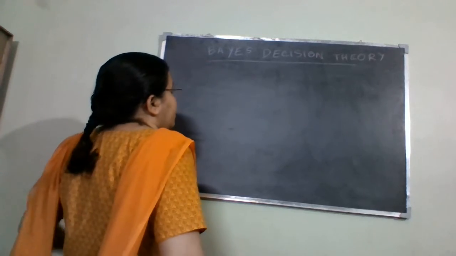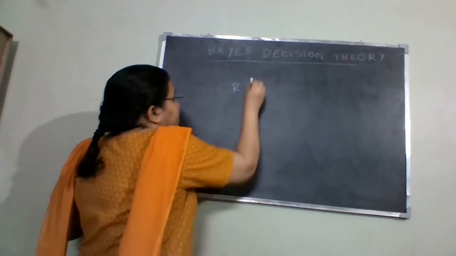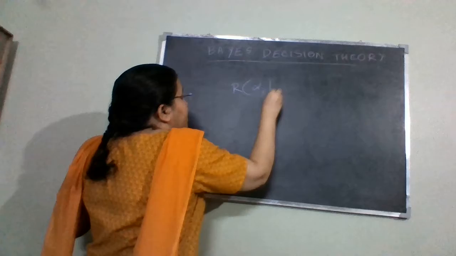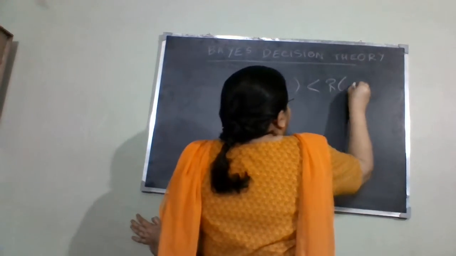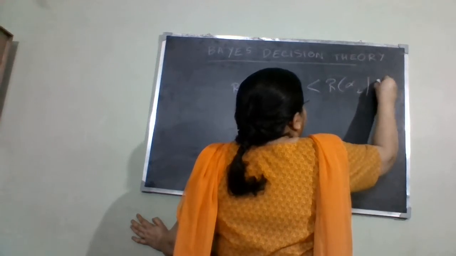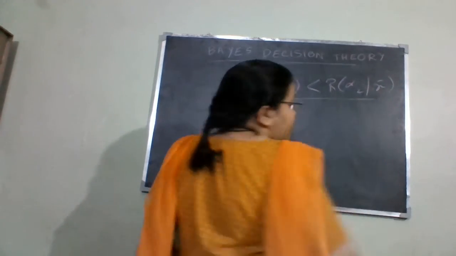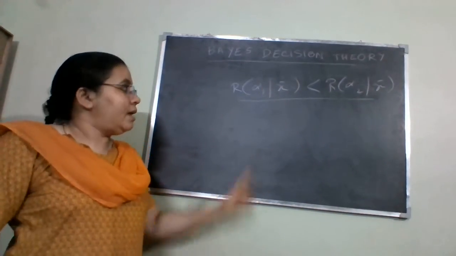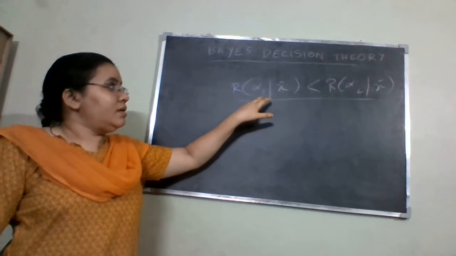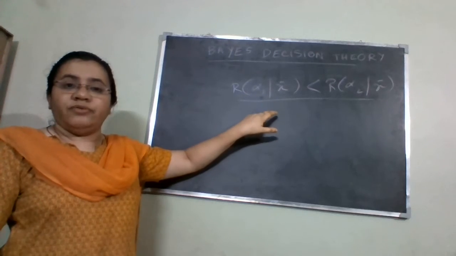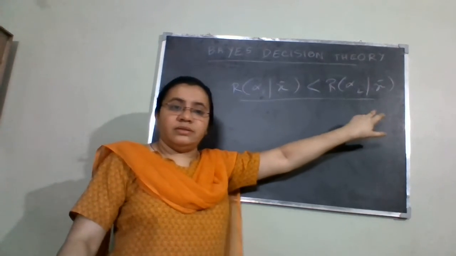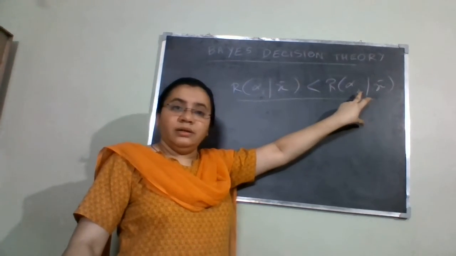So see guys, if r alpha 1 x bar is less than r alpha 2 x bar, this is alpha 1, so the decision is in favor of omega 1, and this is alpha 2, the decision in favor of omega 2.